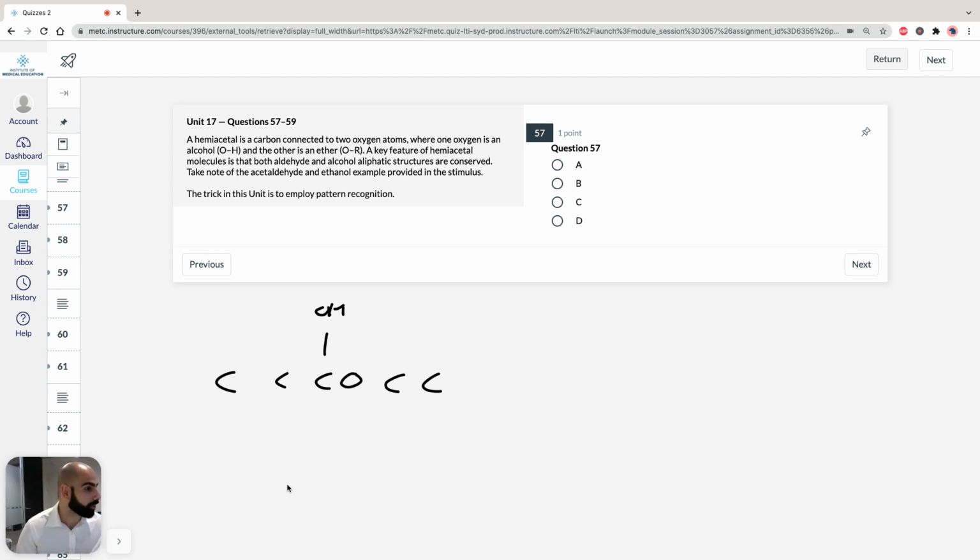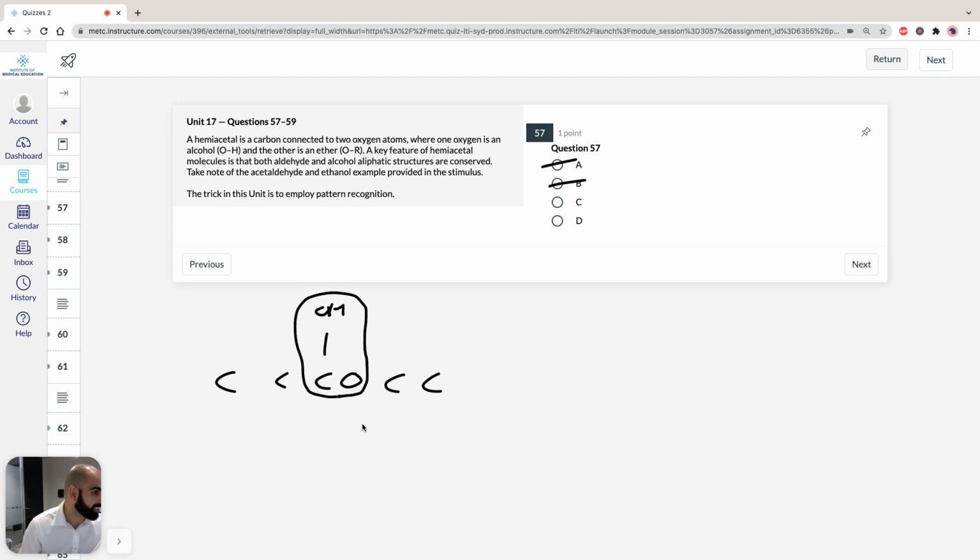Looking through the options in 57, options A and B are incorrect because they don't conserve the ether and hydroxyl group feature. They've only got a hydroxyl group without the ether group. We have to have this sort of pattern.